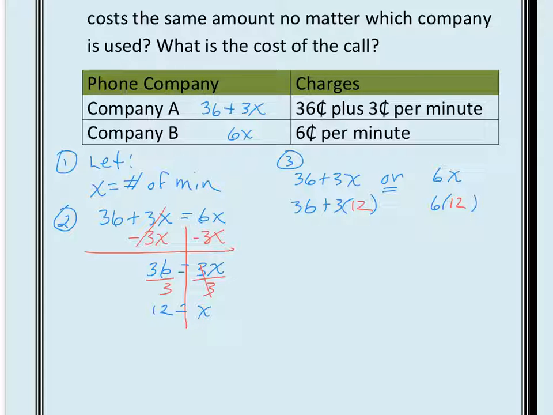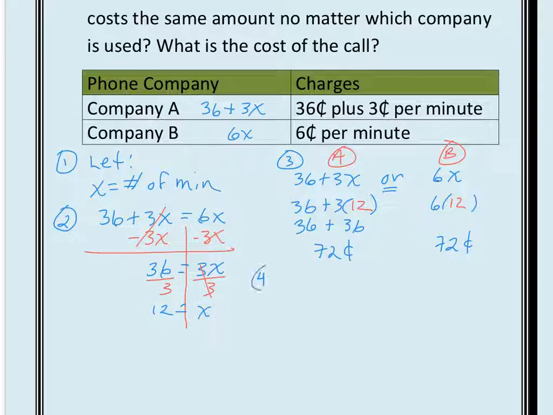This one's company A, and this one's company B. For company A, we end up with 36 plus 36, total cost of 72 cents. And for company B, 6 times 12 is 72 cents.